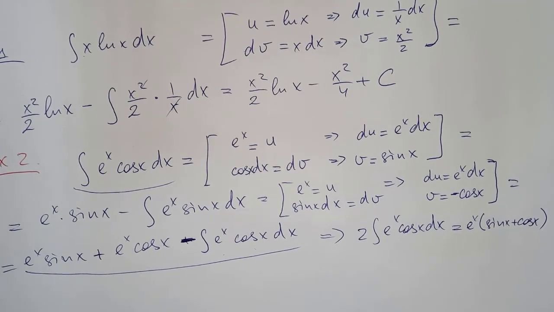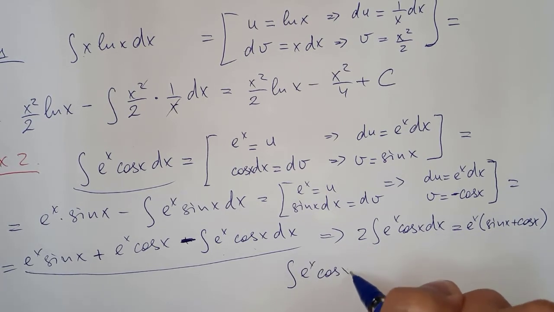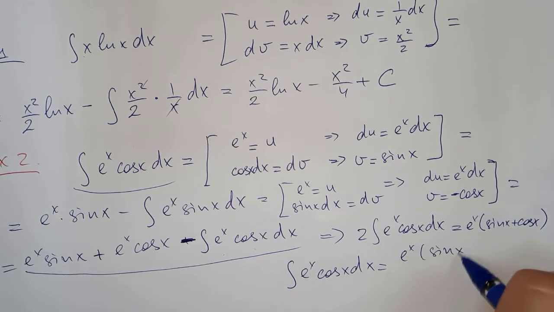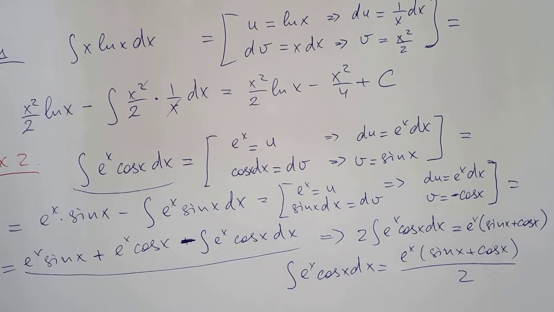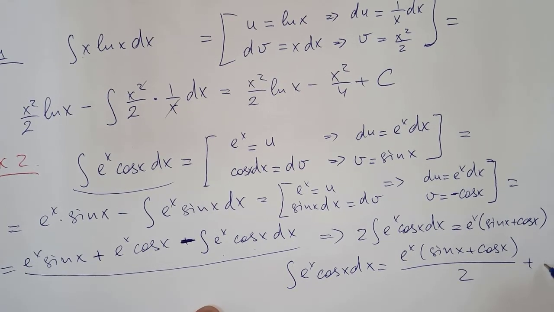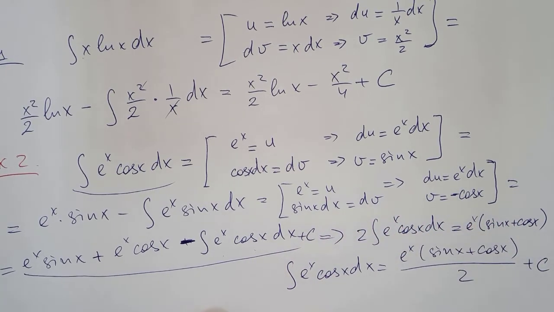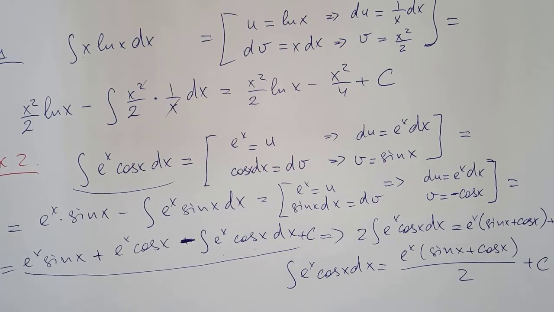Then if we divide by 2, the integral of e to the power of x cosine x dx equals e to the power of x times sine x plus cosine x over 2. This is the final answer, plus c of course, because here we have plus c, and c over 2 doesn't matter, it is again a constant over 2.